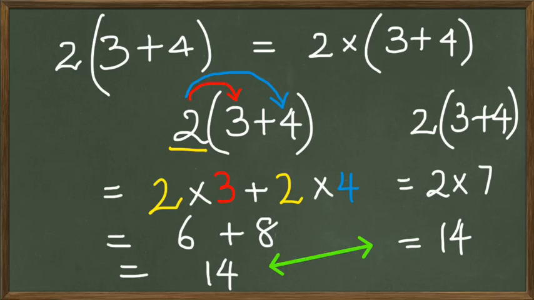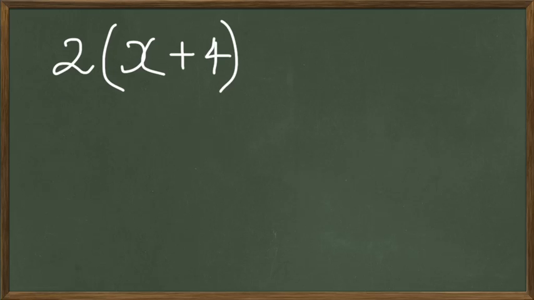So, what happens when we have variables in it, x's and y's? Let's say we have 2 times x plus 4. As usual, we'll take the number outside and multiply it with the first term, then the second term.